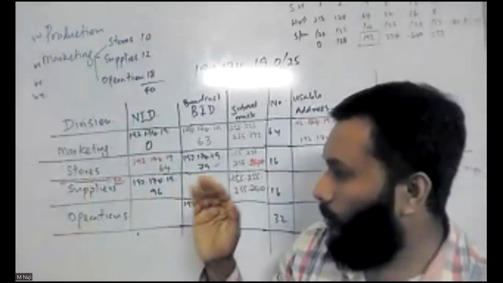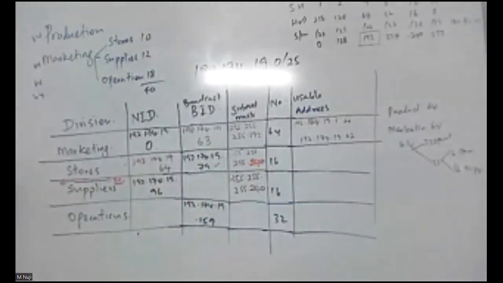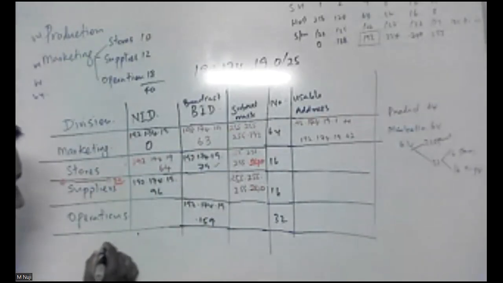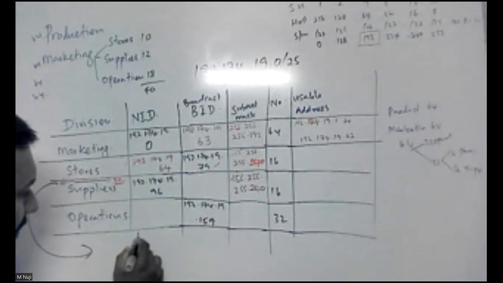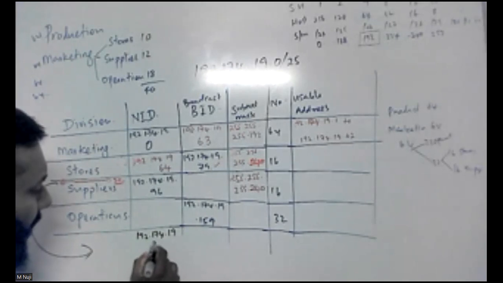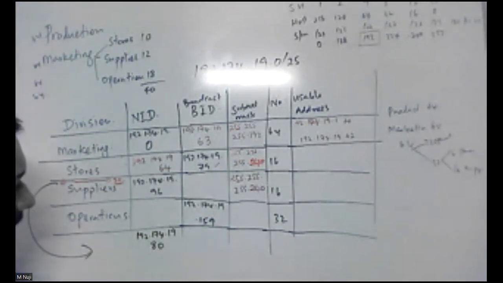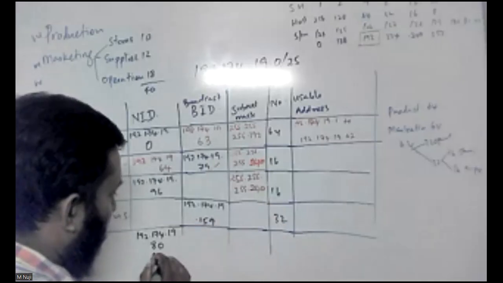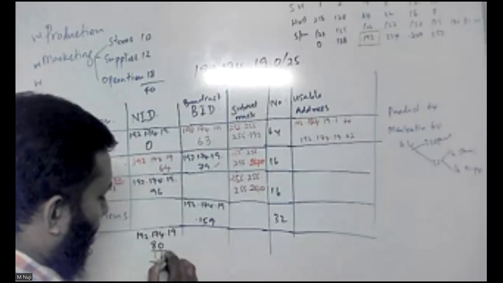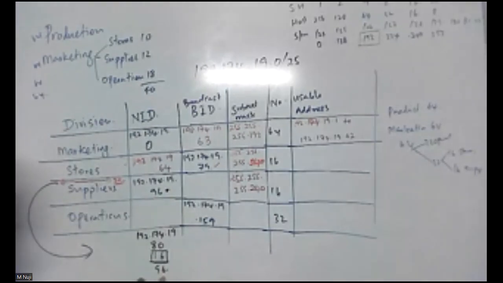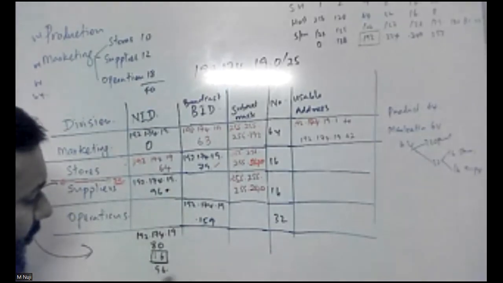So therefore, look at this carefully. In this place, there is an 80 slot. Let's assume I'm just writing here: 80 means 192.174.19.80. Look at this carefully. Then here this is the 16, so at 16 the answer is 96.